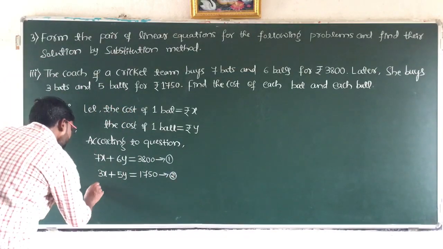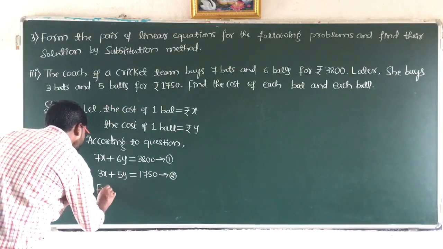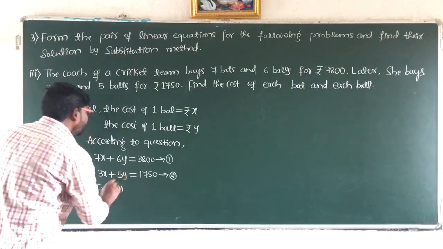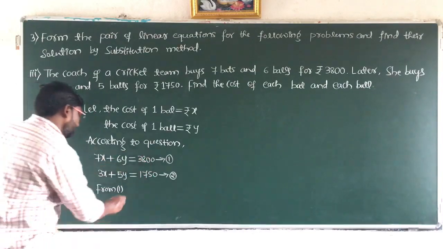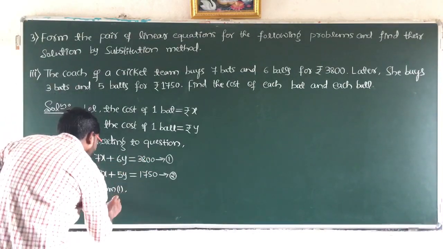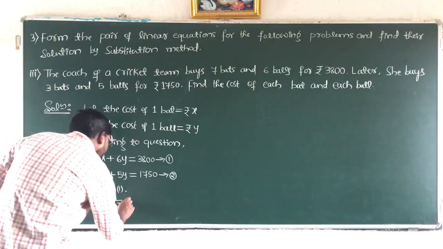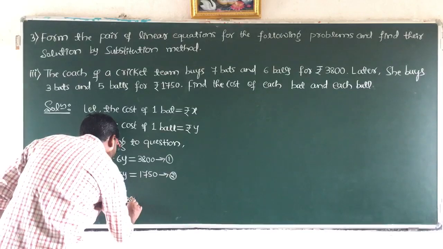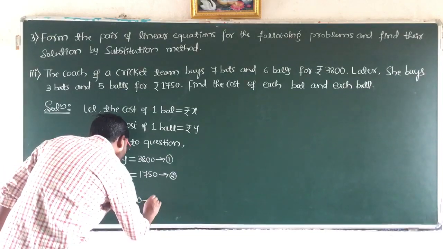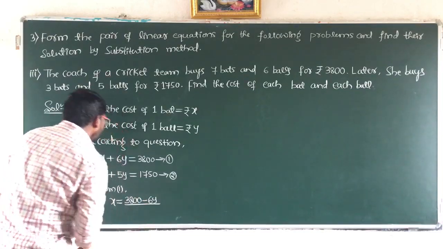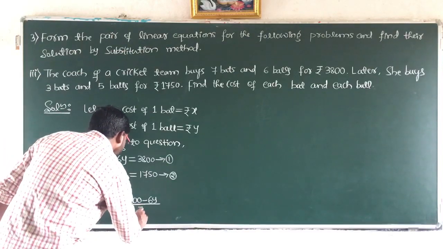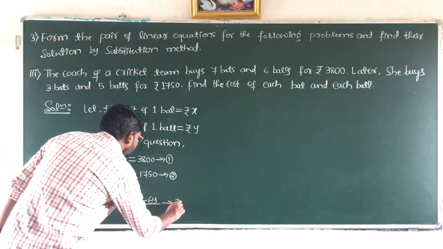So now from equation 1, let us separate x, or you can separate y also. Both the ways we can solve the problem. So x, which is equals to 3800 minus 6y divided by 7. Call this as equation number 3.